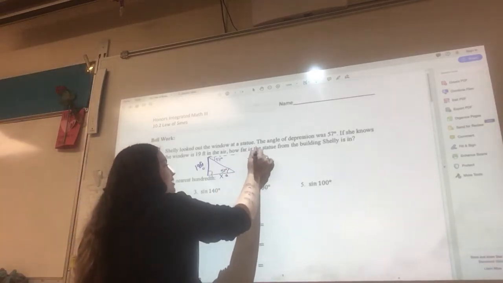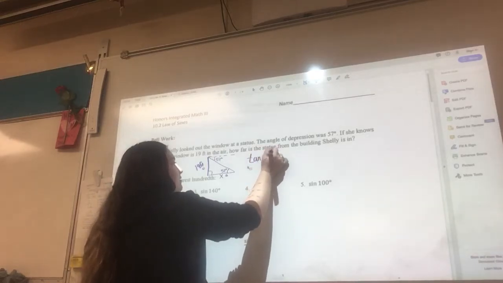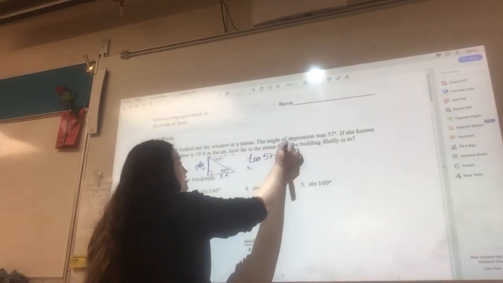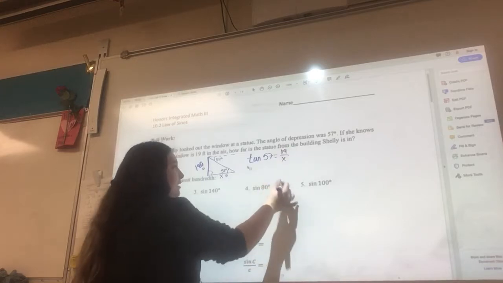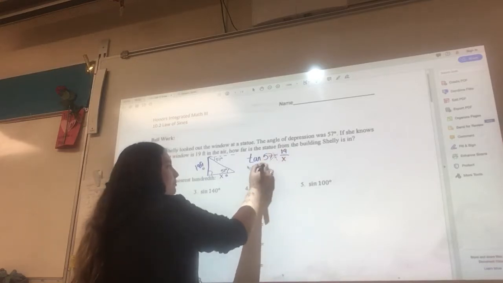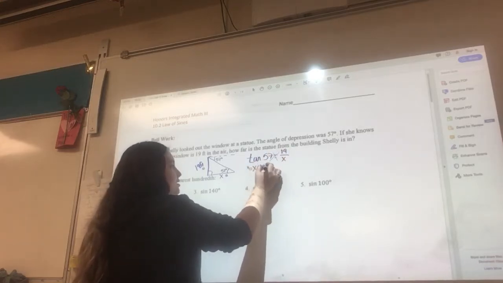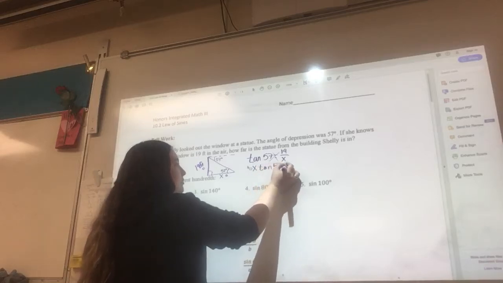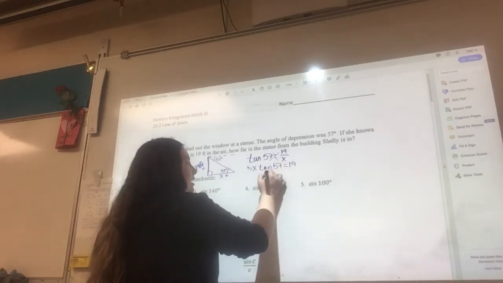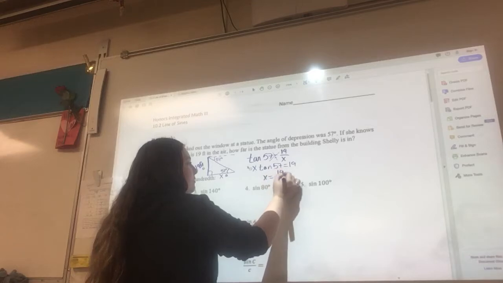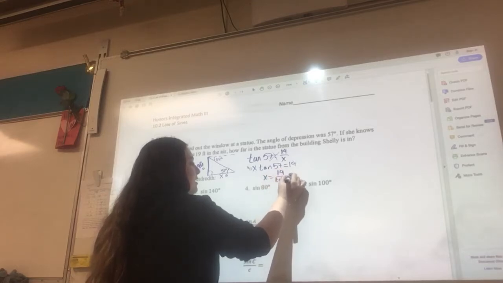We're going to say tangent of 57 equals opposite of our 19 over our adjacent of x. We're going to cross multiply so that x times tangent of 57 equals 19. So x has to equal 19 over the tangent of 57.